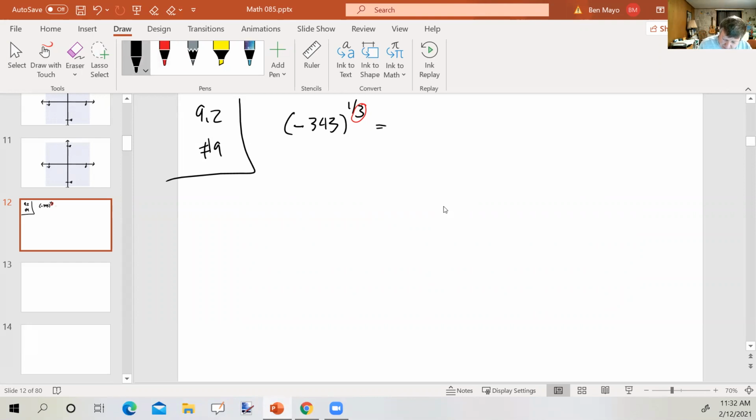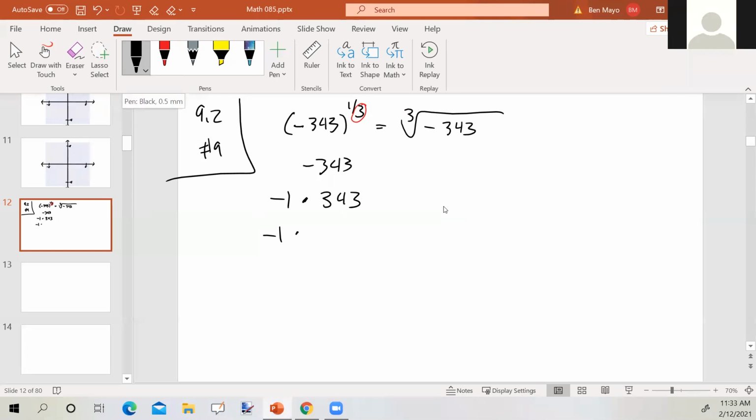So basically, this is the same thing as the cube root of negative 343. Now, I'm going to take negative 343 and break it apart. First of all, I'm going to pull out that -1 factor. Let's see, what goes into 343? Well, 2 doesn't go in, 3 doesn't go in, 5 doesn't go in. How about 7? I think 7 goes in. Let's try 7. So we've got 343 divided by 7.